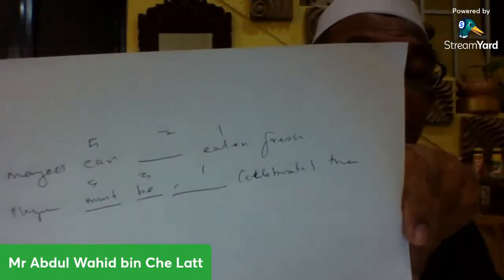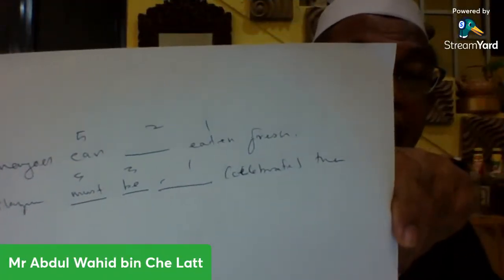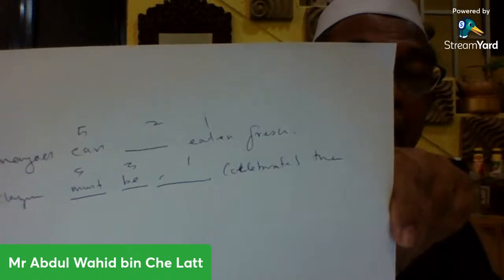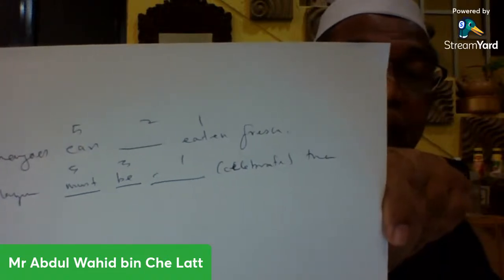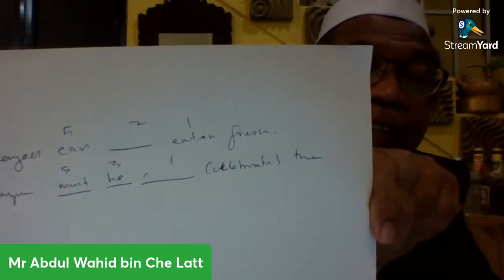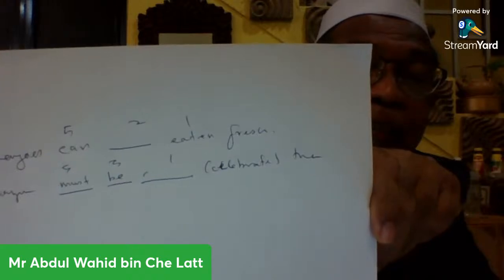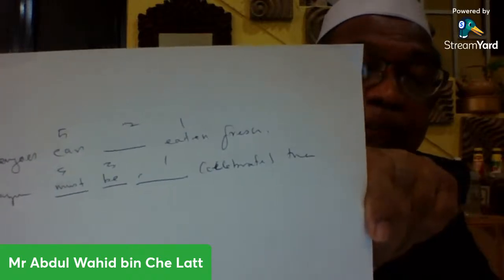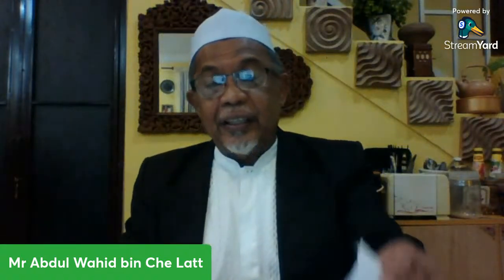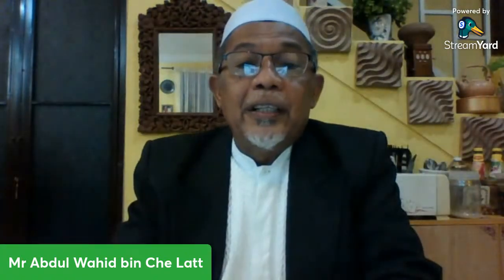The Negeri Sembilan players must, number 5, be, number 3. So you leave blank for number 1 so that the students can find the correct form for celebrate. Okay, so you can manipulate the finite verb phrase for testing purposes.